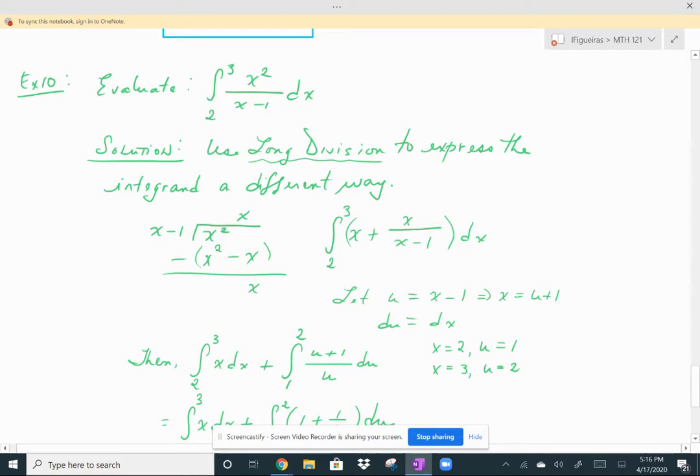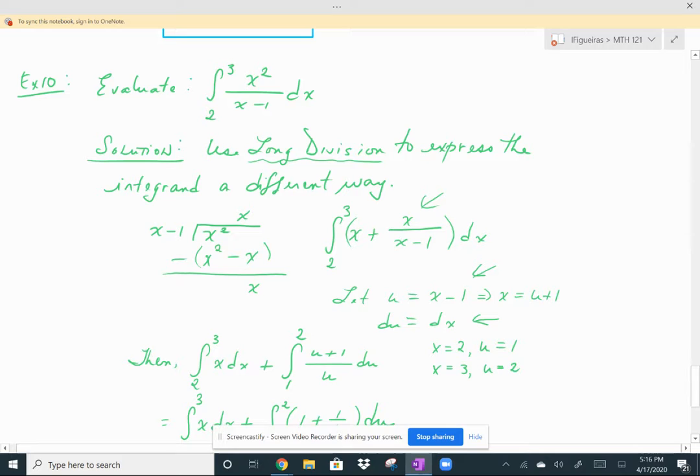All right, so the x is easy to deal with. We know how to take the antiderivative of this term, but the second term, x over x minus 1, that's where u-substitution is going to be helpful. I'm going to let u equal my denominator. So that's what you see here. If u is equal to x minus 1, then du is dx. Well, that's fine, but I have an x here. So what do I let x equal?